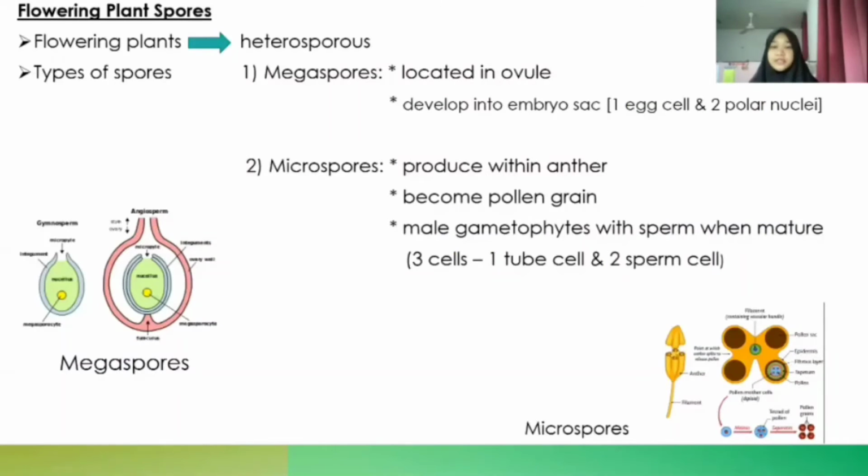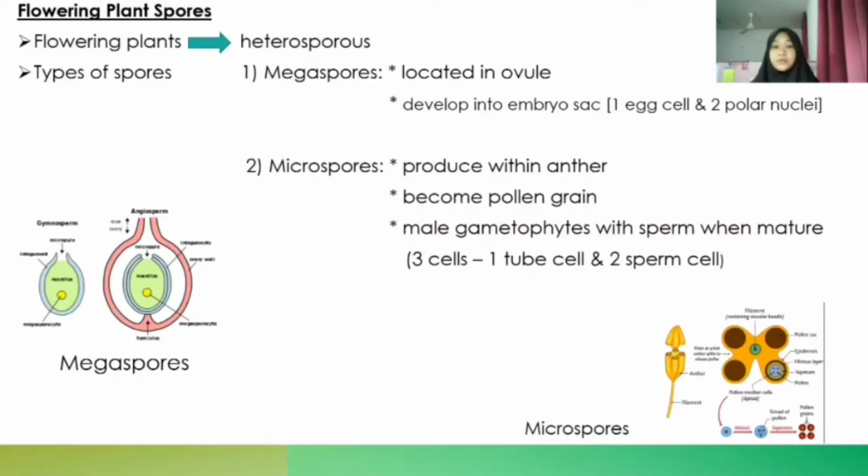Before we learn about the flowering plant life cycle, let's take a look at the flowering plant spores. Flowering plants are heterosporous, producing two types of spores, which are the megaspores and the microspores. First, the megaspores. They are located in the ovule of an ovary in the carpel.